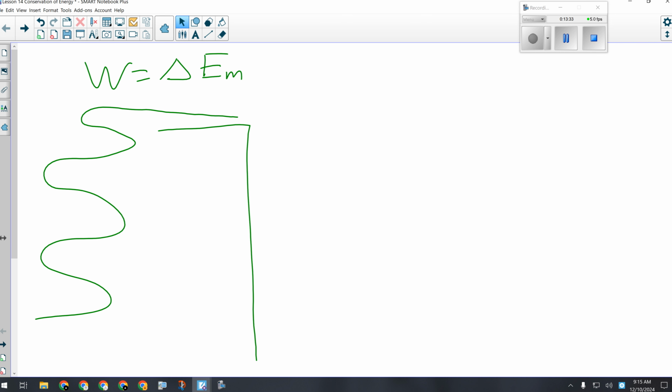Then you throw the box off the cliff. Does the box still have the same amount of mechanical energy here and here? What do you think? And I don't mean after it hits the ground and is destroyed. I mean the instant it hits the ground.